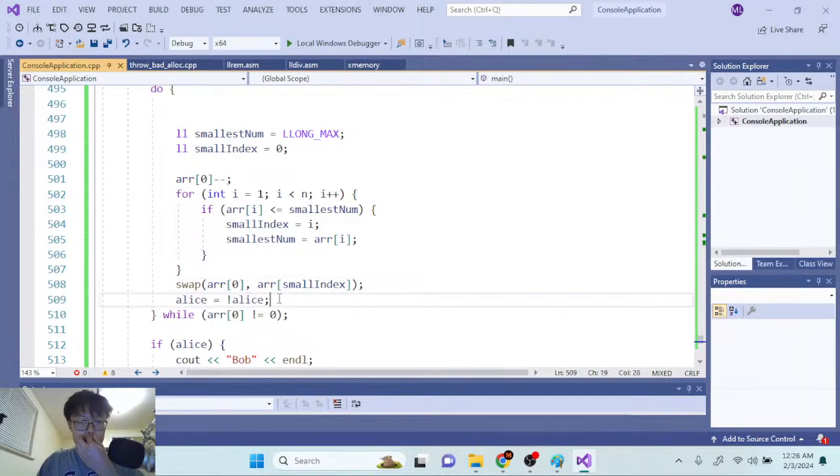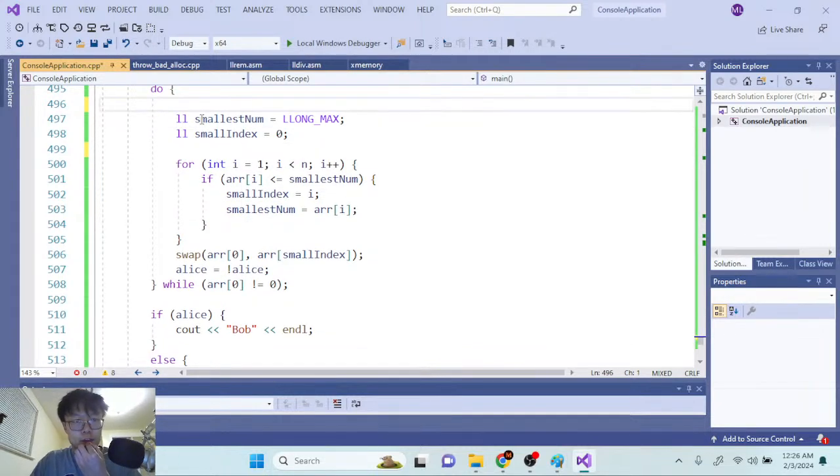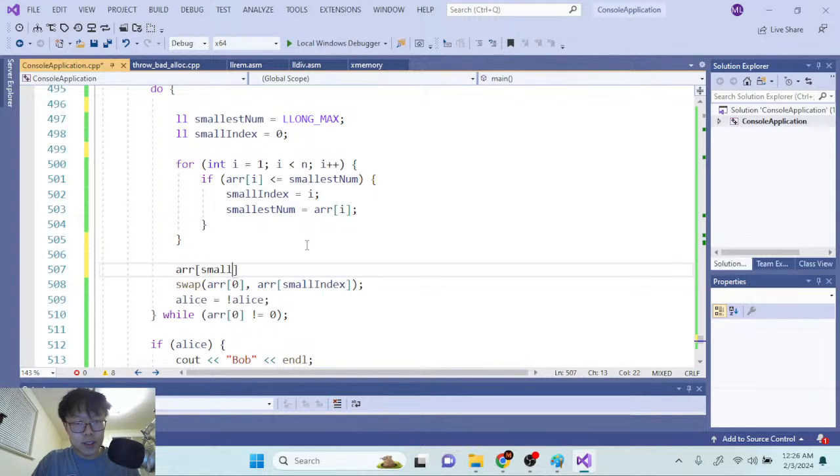So we're not going to subtract this. We find the smallest number, and then we set R at the smallest index to be equal to 0. Oh no, R at 0 minus equal to R at smallest index.